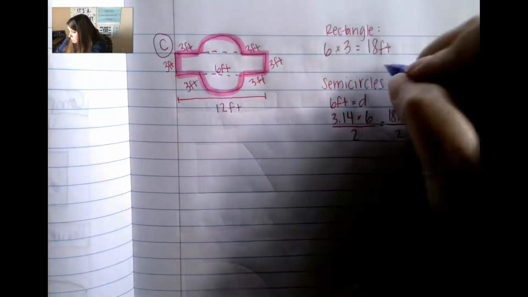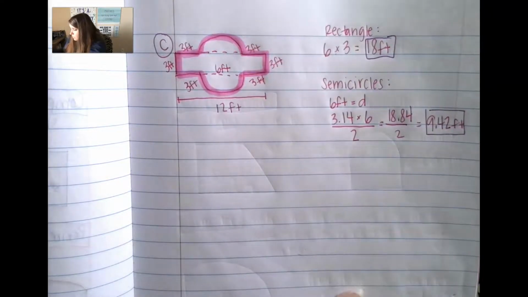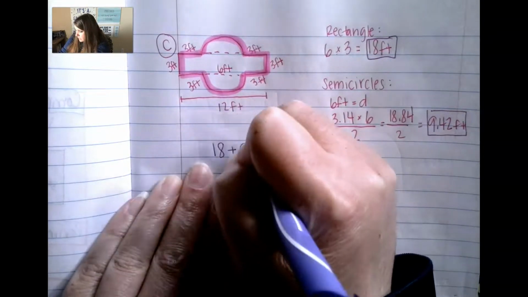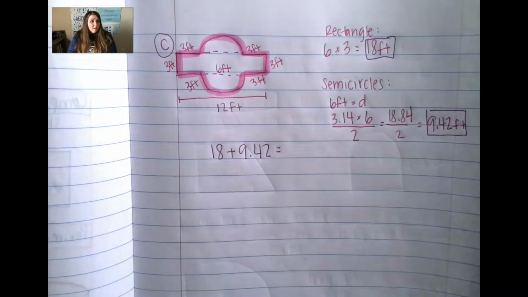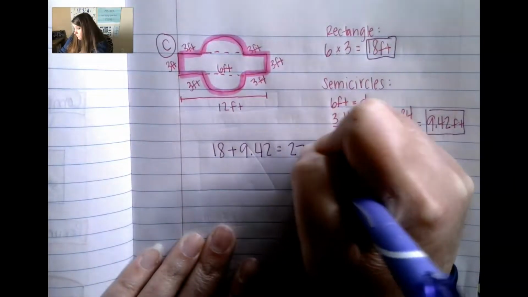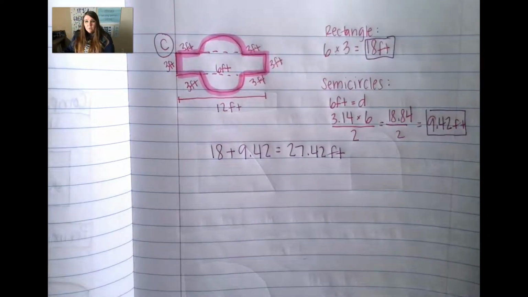I need to add both of those parts up. 18 plus 9.42, because I walk around that whole entire thing. And I get a total of 27.42 feet. So that's how far I walk.